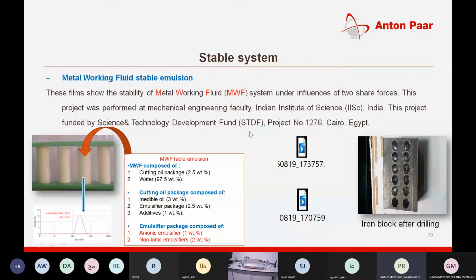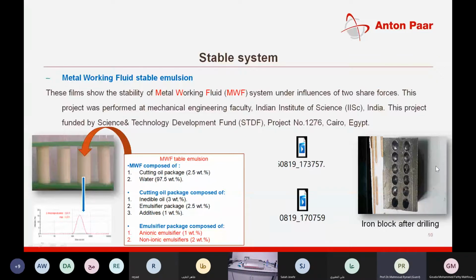Another example of emulsion stability is a metalworking fluid emulsion. A stable metalworking fluid emulsion with a water droplet size of 20 nanometer was evaluated by a drilling dynamometer at two cutting feed forces of 4 and 10 Newton.